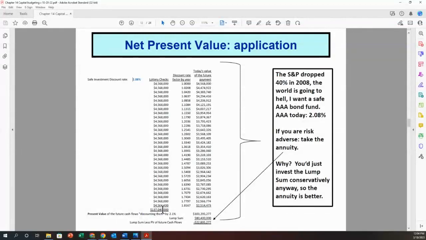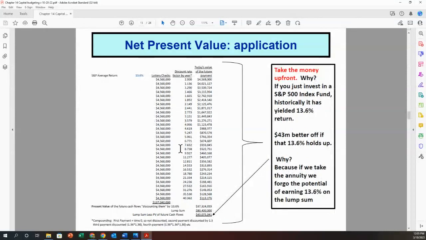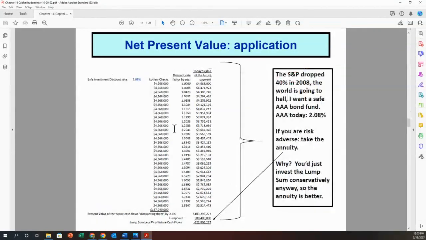In 30 years, that 4.5 million, based on the smaller discount rate, is worth $2.5 million to me today. So in other words, I'd be indifferent between receiving 4.5 million in 30 years or 2.5 million today if my worldview of investment was 2%. Safe, AAA, conservative bonds. Whereas for the higher risk person, the 4.5 million in 30 years is only worth 113,000 today.